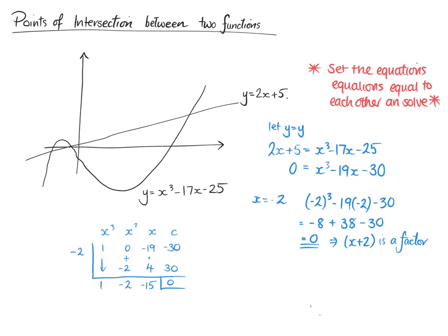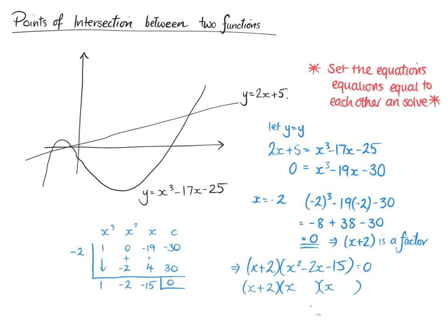So we have x plus 2, and then x squared minus 2x minus 15, and all of that is equal to 0 because we've started our factorization process. So we've got x plus 2, and then x and x.